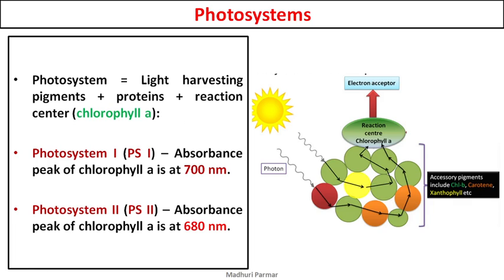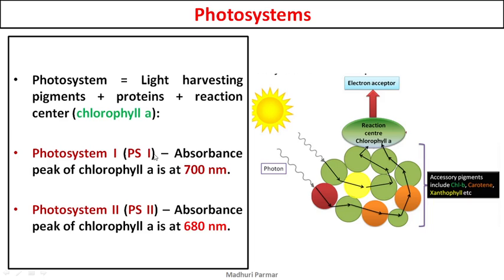Photosystem 1, which is in short written as PS1, and photosystem 2, which is in short written as PS2. How were they named? They were named in the line of discovery. PS1 was discovered first, PS2 was discovered later, so they were given the names 1 and 2.